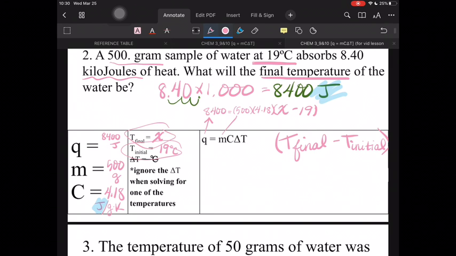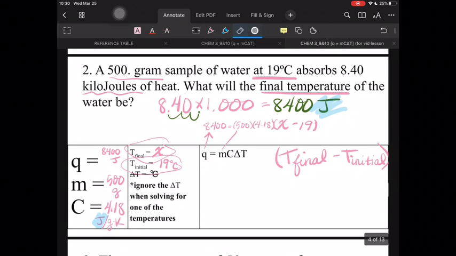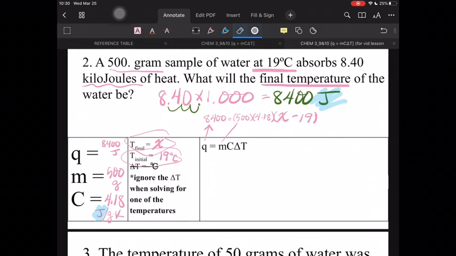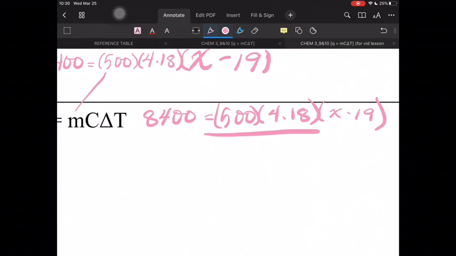So now to solve for this, first you have to divide both sides.